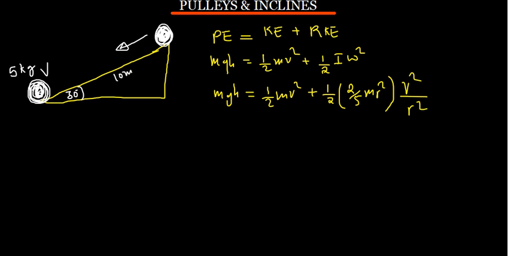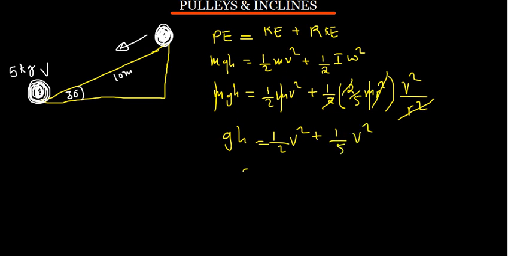Yes. Okay, so the radius here will cancel with the radius here. This mass will cancel with this mass, which will cancel with this mass because it's common, so we remain with gh being equal to half V squared plus, these two cancel with these two, so we remain with 1 over 5 V squared. So this will give us gh being equal to 7 over 10 V squared.